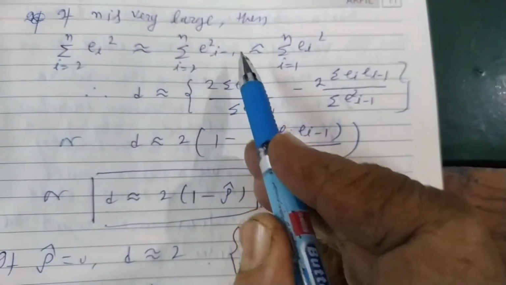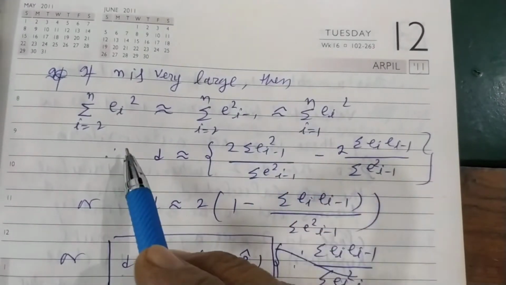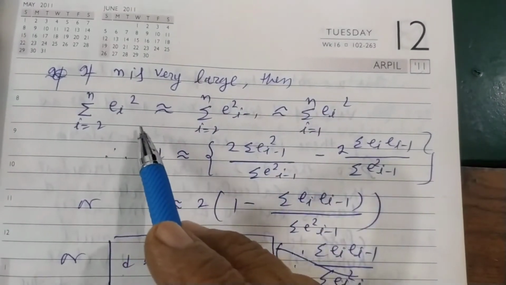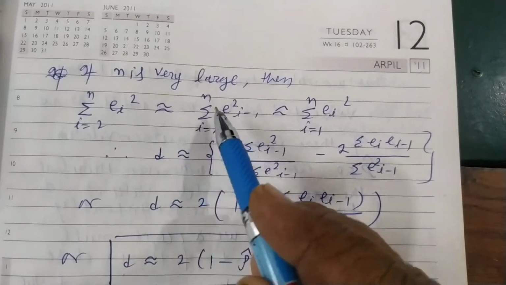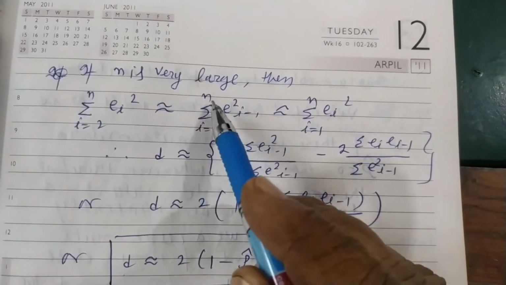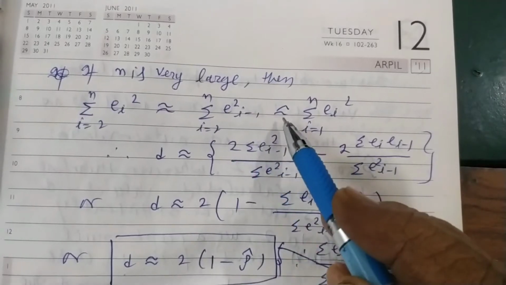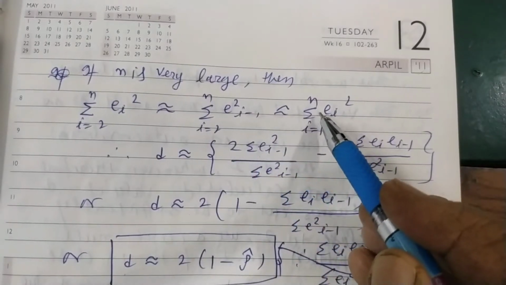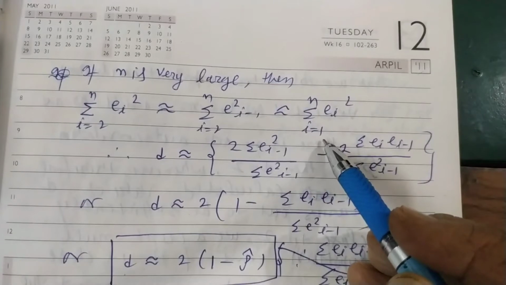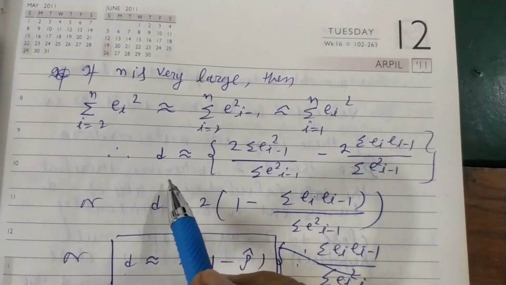It may be very large, then sigma ei is equal to 2 ei whole square, equivalent to sigma i equal to 2 to n ei whole square, i minus 1, equivalent to sigma i equal to 1 to n ei whole square.